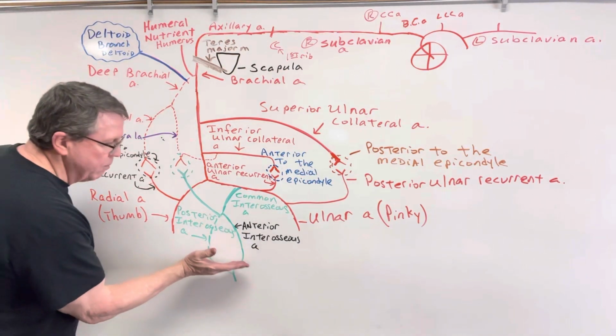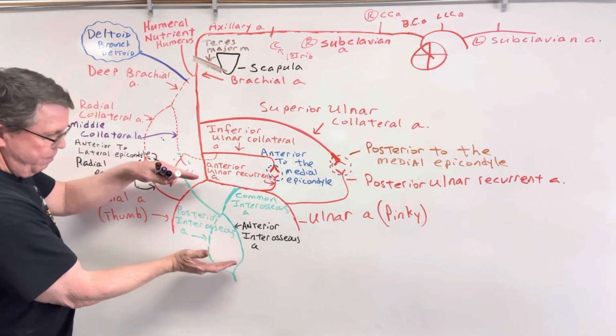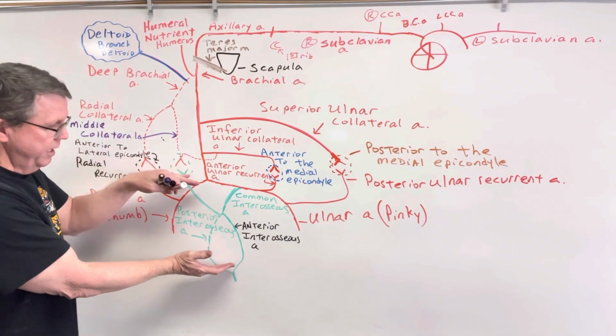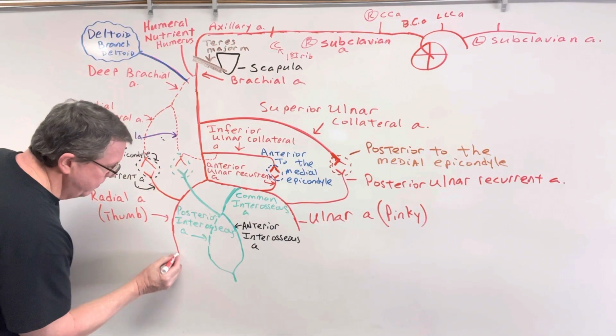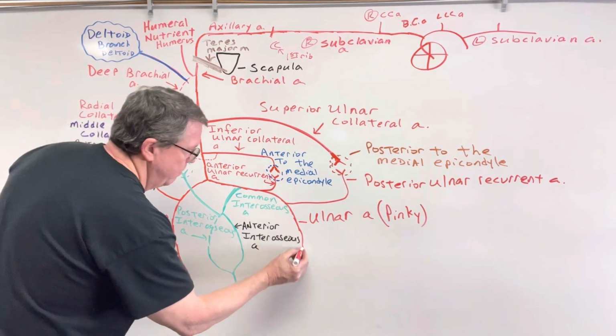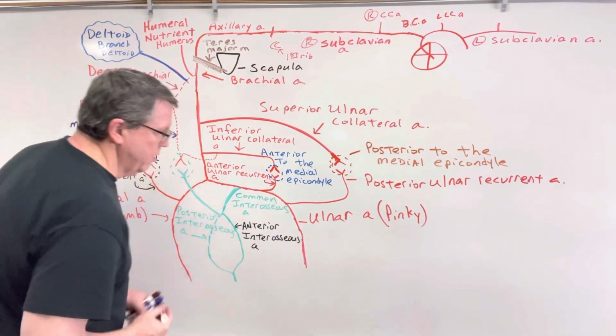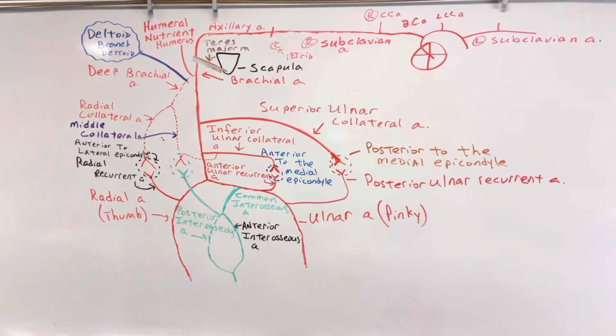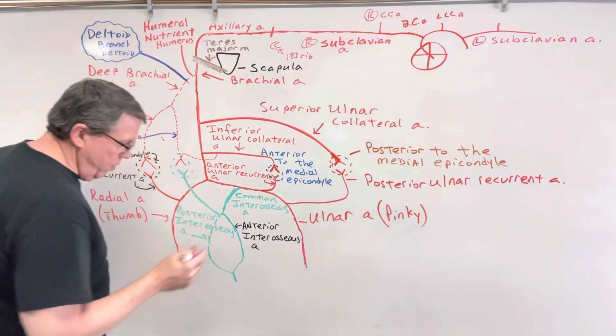So basically now I'm starting to get to the wrist area. This is basically my forearm that I've kind of scrunched in right here. This is going to come down, and then this is going to come down. And what's going to happen now is these are going to come together.